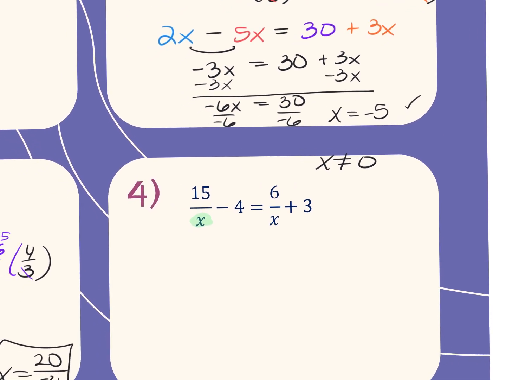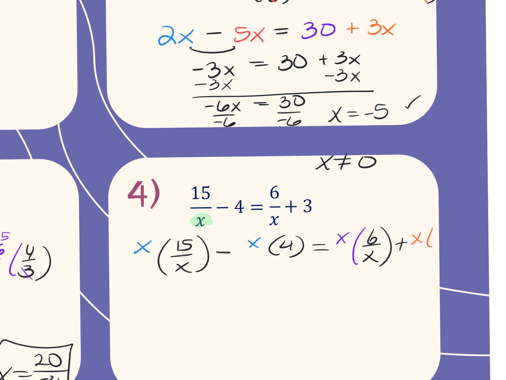So again, I'm going to get rid of my denominator. My denominator is going to be x, so I'm going to multiply each one of my terms by x. I'll do the first one, 15 over x, minus, and then the next one, x times 4, and then equals, and then the next one will be x times 6 over x, and then finally the last one, x times the 3.